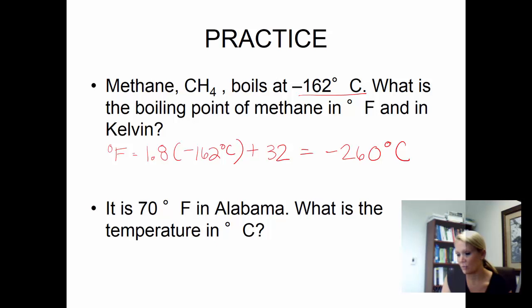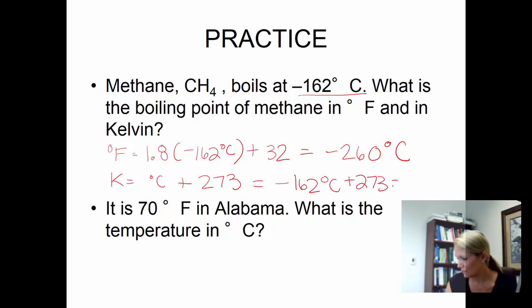Alright, and then it also asks to turn this to Kelvin. Kelvin is degrees C plus 273. So we're going to take negative 162 plus 273.